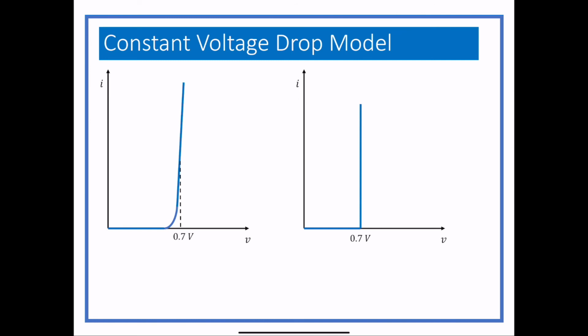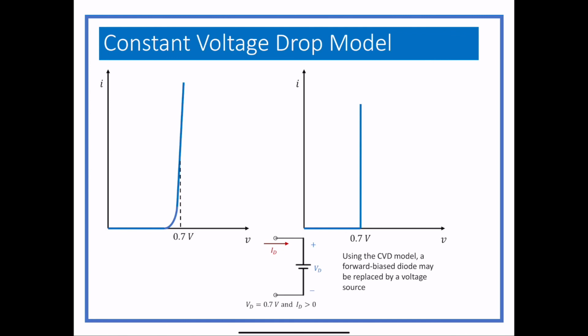So if we use the constant voltage drop model, if we have a forward bias diode, we replace that with a voltage drop. In the ideal model, we replace the forward bias diode with a short circuit. Using the constant voltage drop model, we actually replace it with a voltage source that has a drop of 0.7.